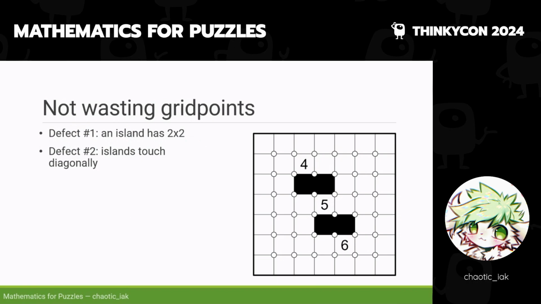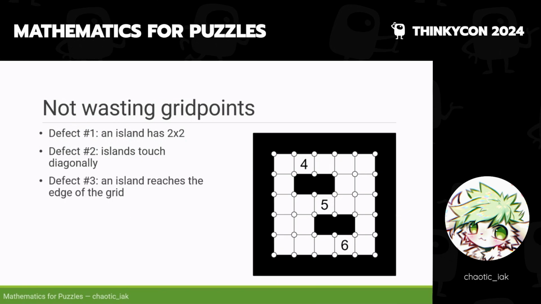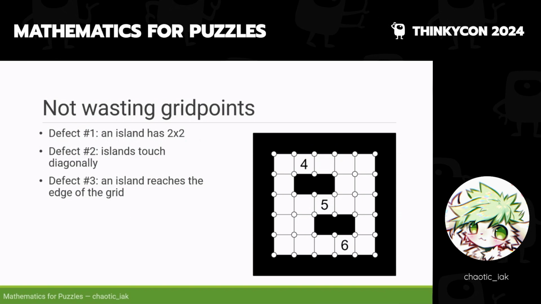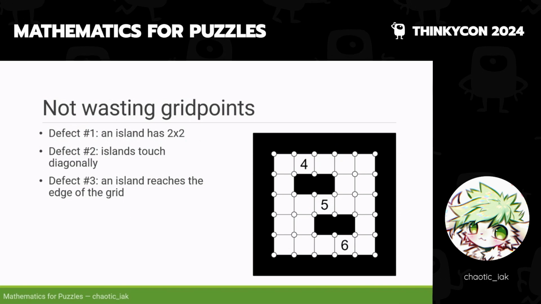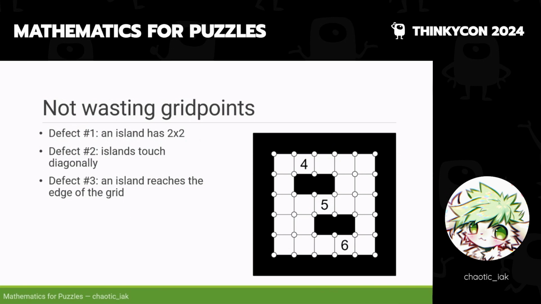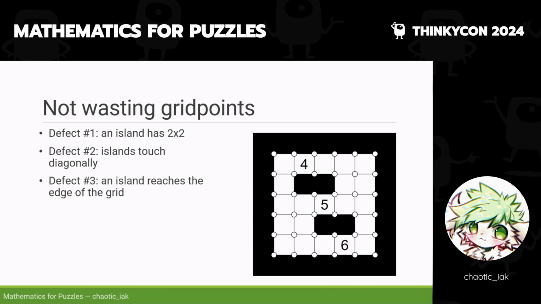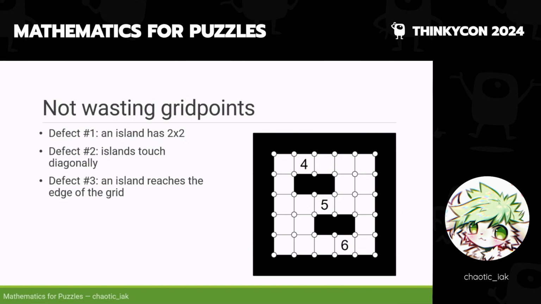Otherwise, they are islands that touch diagonally. The third defect says that an island that reaches the edge of the grid is a defect. We cannot have any defect. The entire border must be black. And by avoiding all these three defects, you can actually solve this puzzle logically.